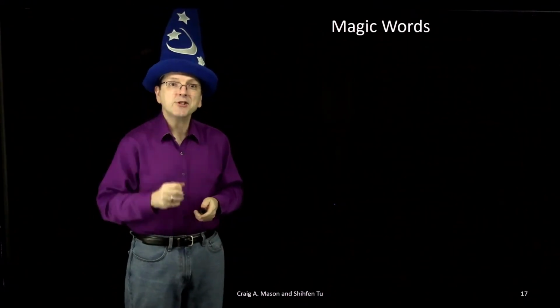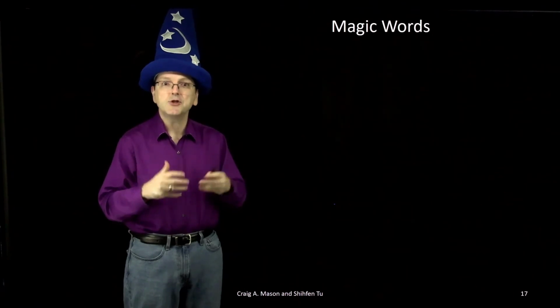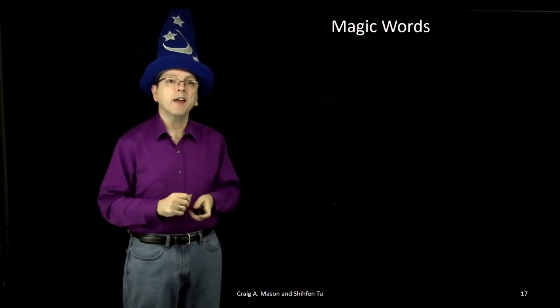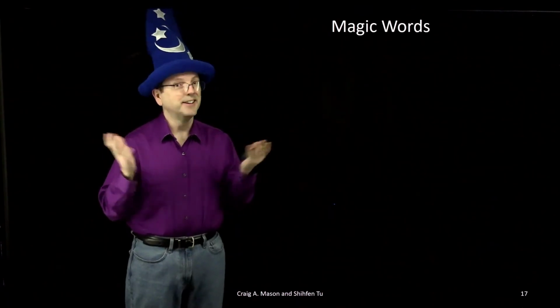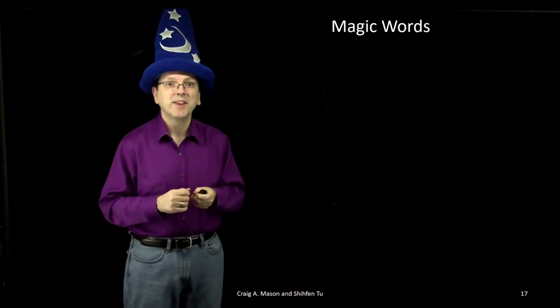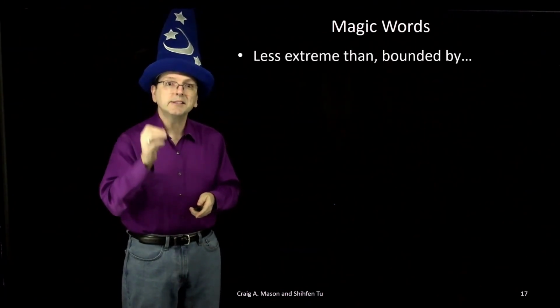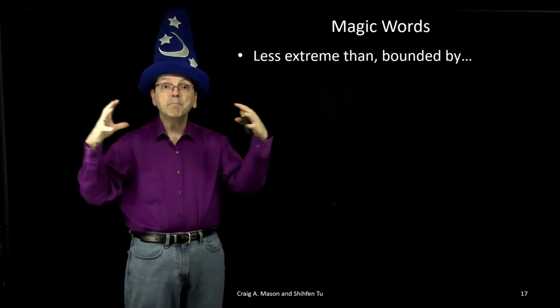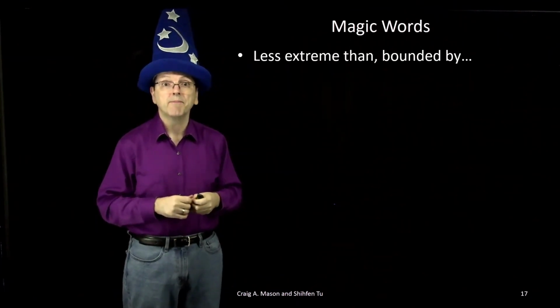Now, the final magic words typically apply to a different type of situation that we'll see more often later on. But let's introduce the idea and the magic words now. And that's when we talk about something being less extreme than, or bounded by the plus and minus values of some score.